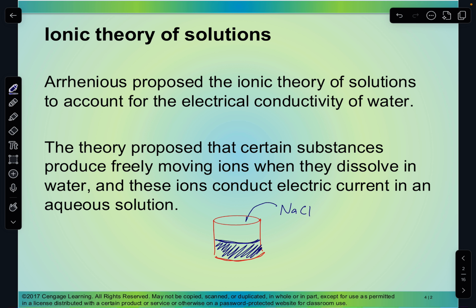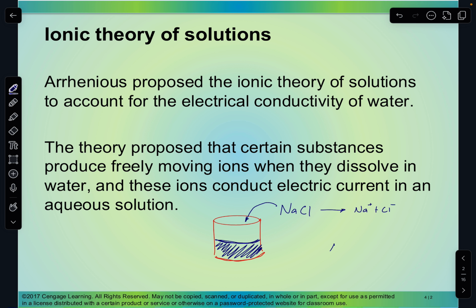When this goes into water, this is what occurs. We'll get into polarity and the specifics of exactly what this means a little bit later. But NaCl, when it goes into water, is going to break into its ionic components because it is a completely soluble ionic solid. So Na plus, Cl minus.